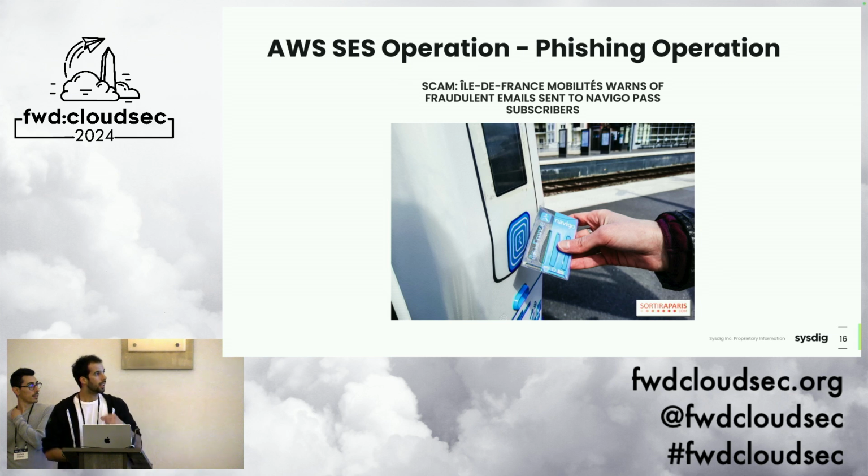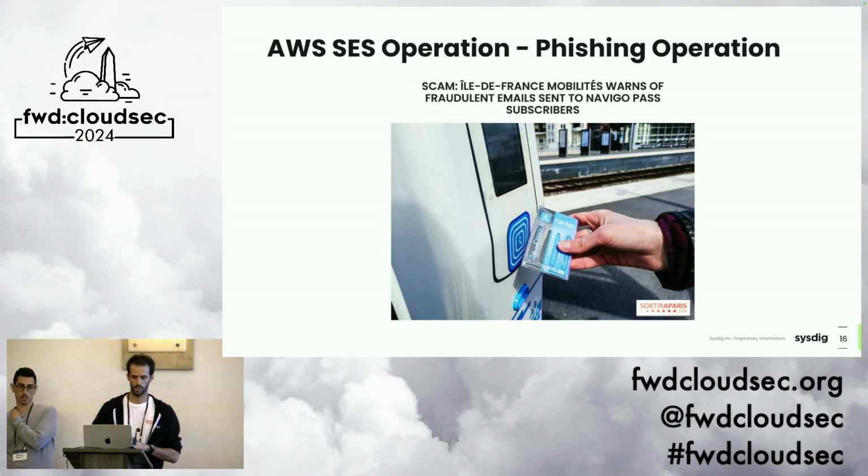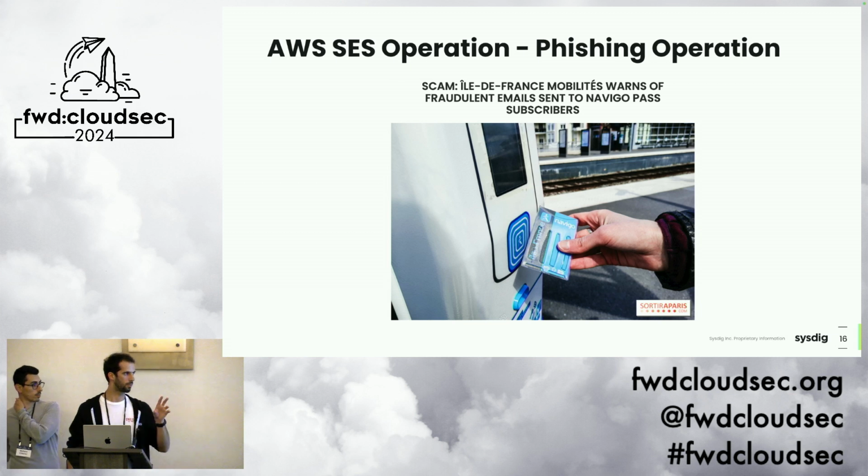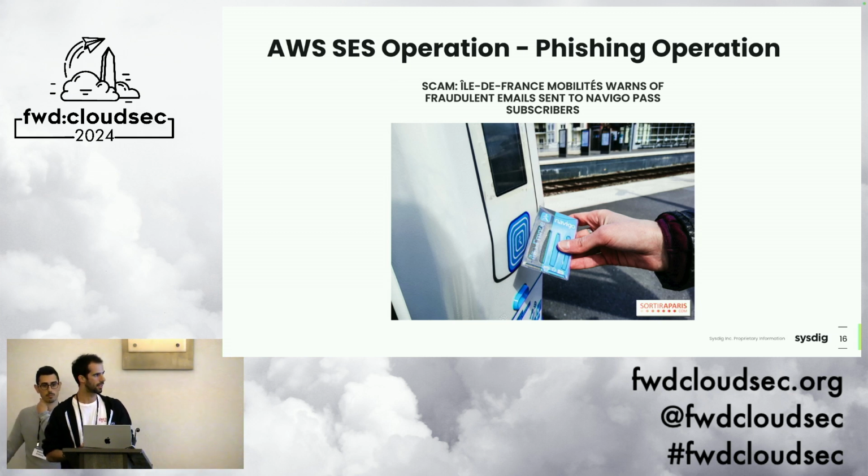At that time, we in fact saw that Île-de-France Mobilité released announcements of an active phishing campaign targeting Navigo users, and their Twitter account was full of users reporting phishing emails that they had received in the last months.